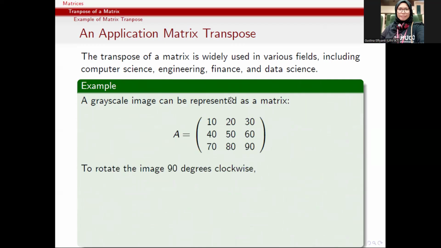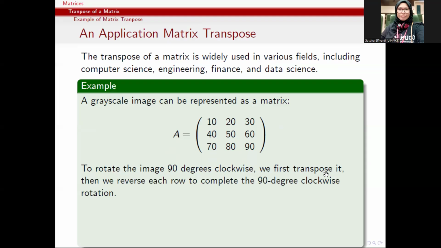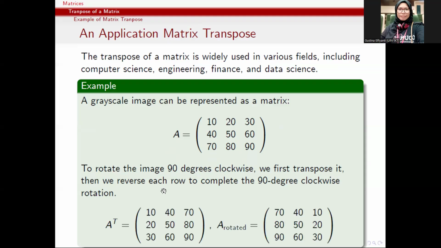Let's say we have A. To rotate the image 90 degrees clockwise, we first transpose it, then we reverse each row to complete the 90-degree clockwise rotation. So first we transpose A to get A transpose, this one, and then we reverse each row to complete the 90-degree rotation. So the rotated A is this matrix.